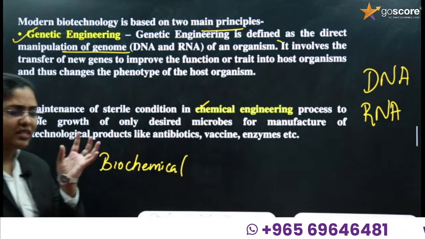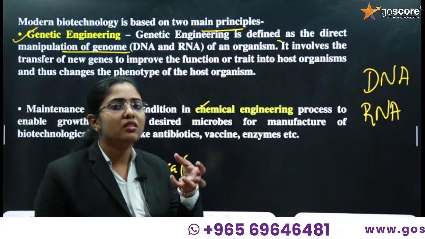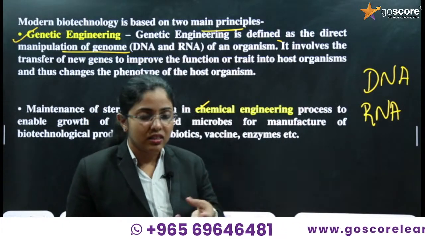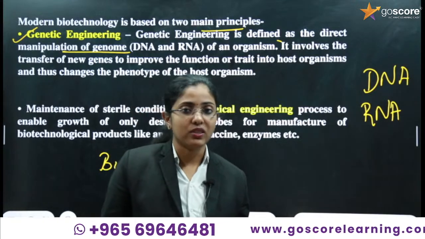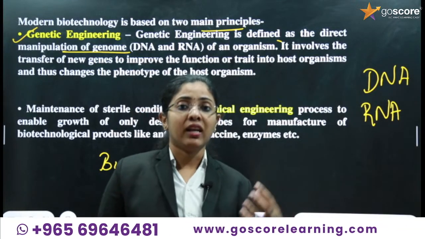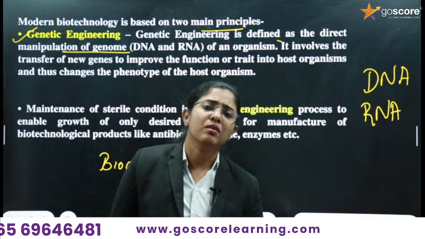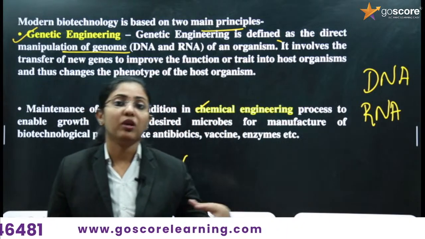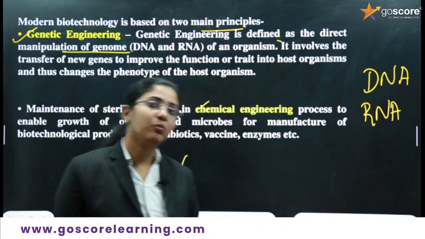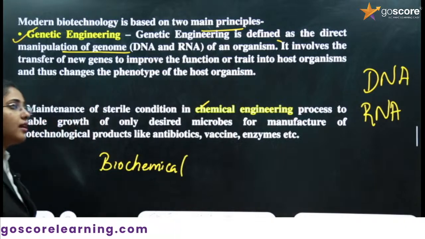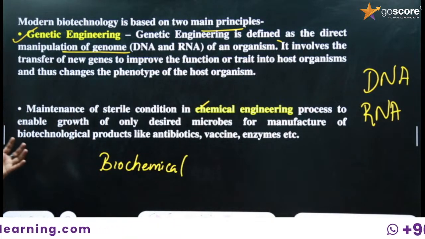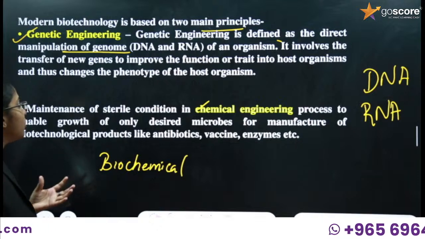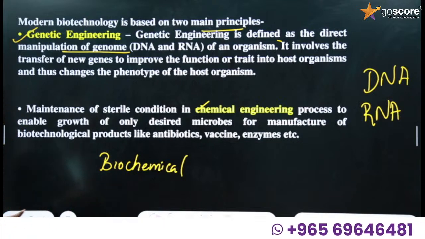If there is any manipulation in this DNA and RNA, the mRNA will be changed. If the mRNA is changed, the enzyme produced, or the polypeptide produced after translation, will also be changed. So it is the direct manipulation of the DNA or RNA of an organism.